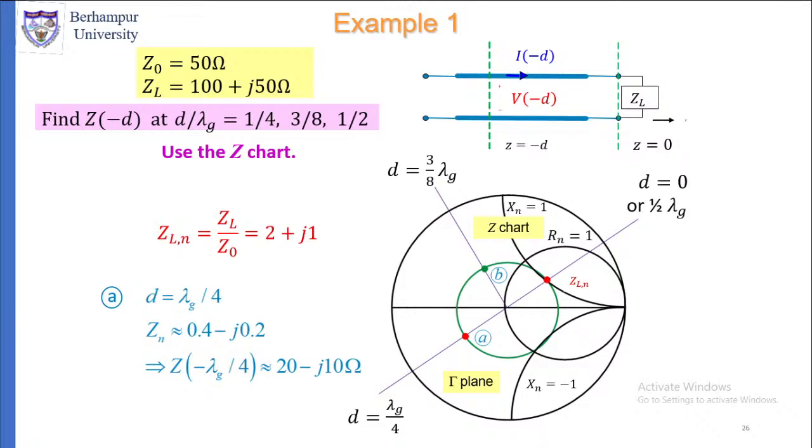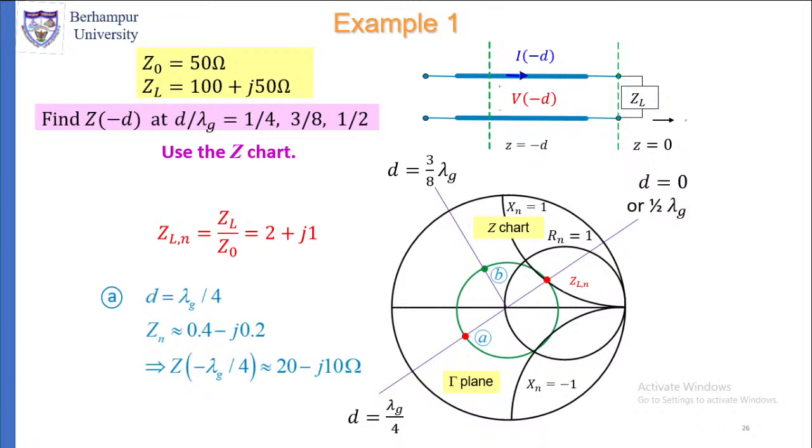Now this point we have to plot on the Smith chart. How do we plot this point? First, I look at the resistance value. ZLN is equal to 2 plus j1. The normalized resistance is equal to 2. So look for the complete circle which corresponds to Rn equal to 2.